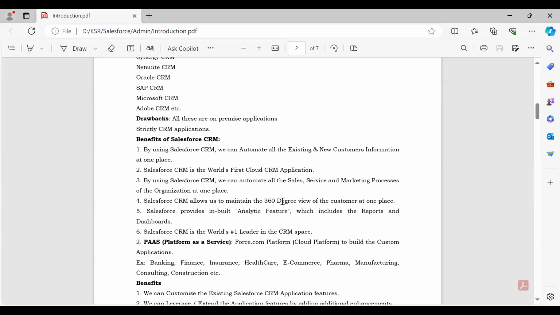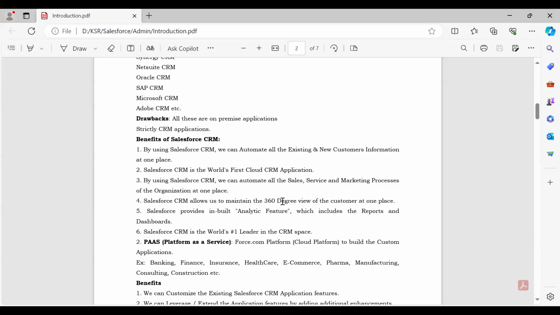because the same customer may buy a product from us today. He may buy a product from us after 2 years, again after 4 years, again after 6 years. Like this, he has been our customer for the past 10 years. So we can store all this opportunity-related data at one place. We can store his basic information, his contact information, and what revenue he has generated with us.